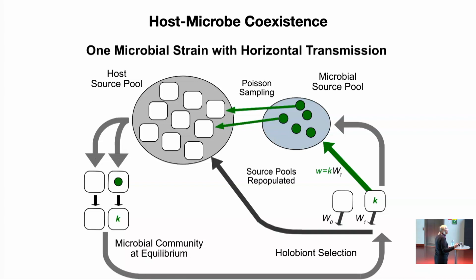So I've termed this the multi-level fitness for the algae because it takes into account both the within-host success that the algae has, as well as the between-host success of the holobiont as a whole that it's embedded in.